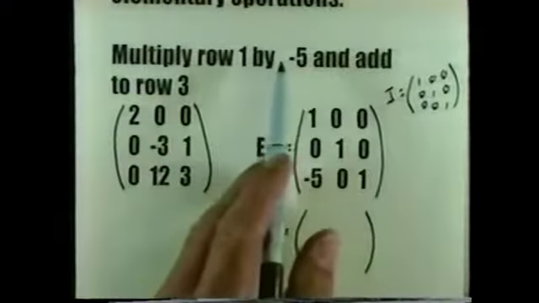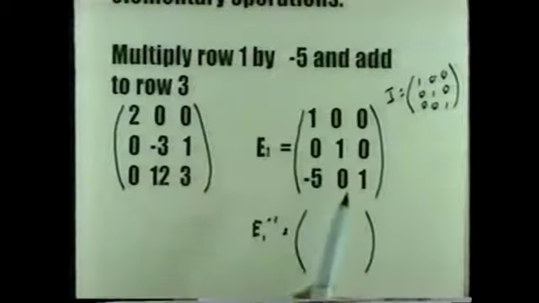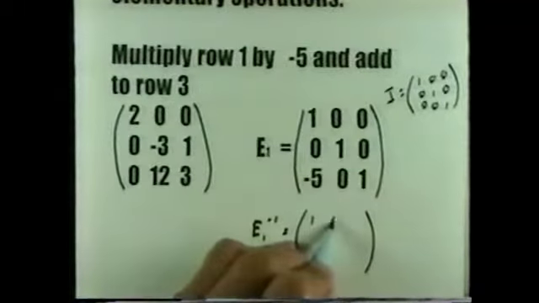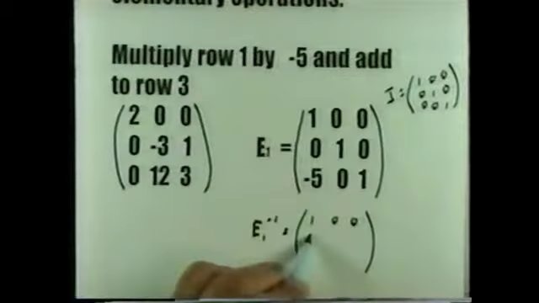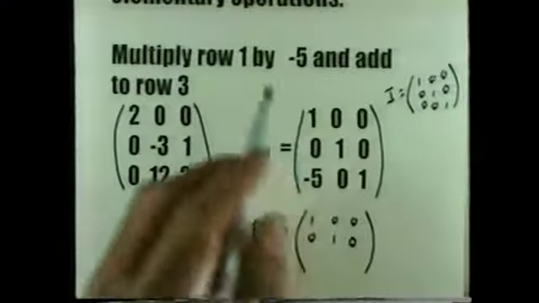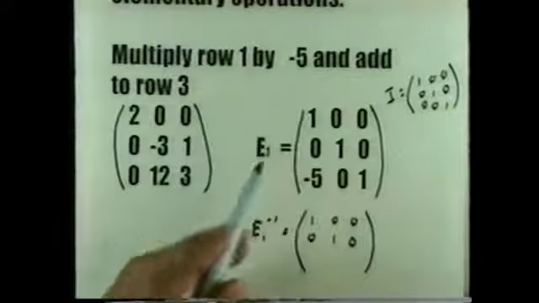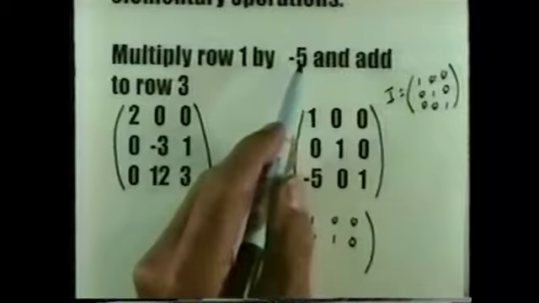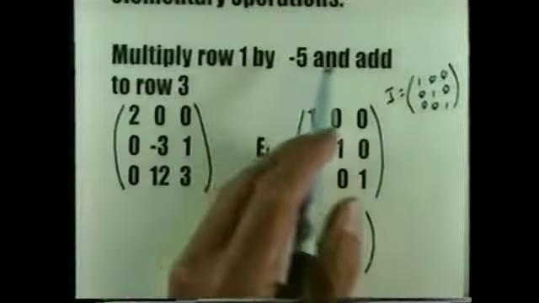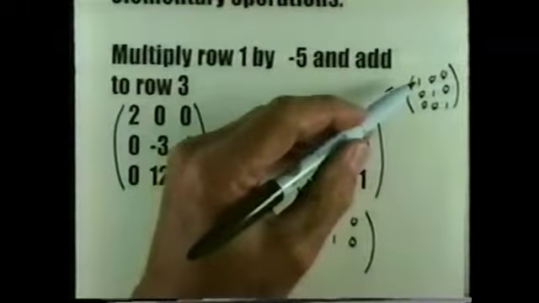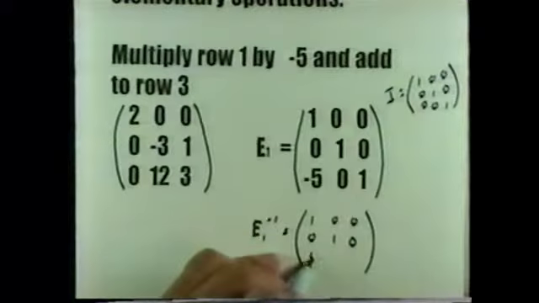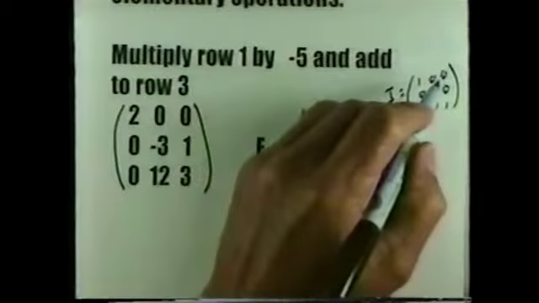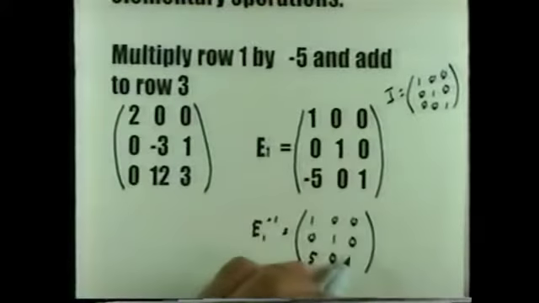So I'd multiply row 1 by +5 and add to row 3, leaving rows 1 and 2 the same. 5 times 1 is 5, 5 plus 0 is 5. 5 times 0 is 0, 0 plus 0 is 0. 5 times 0 is 0, 0 plus 1 is 1.